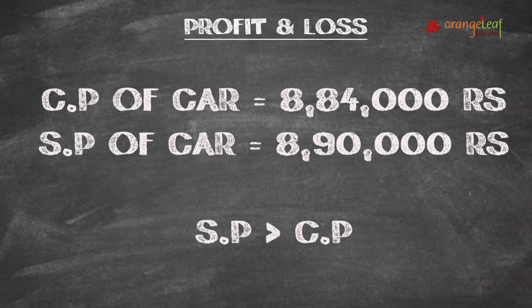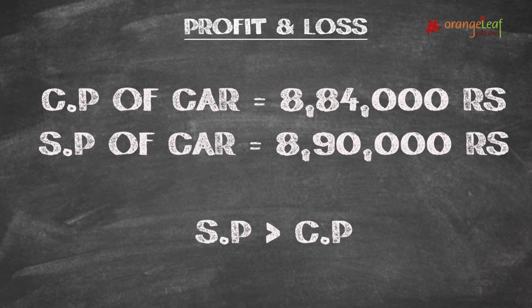For example, a car dealer bought a car for rupees 8,84,000 and sold it for 8,90,000 rupees. The cost price of the car is 8,84,000 rupees and the selling price of the car is 8,90,000 rupees. Here, the selling price is greater than the cost price.